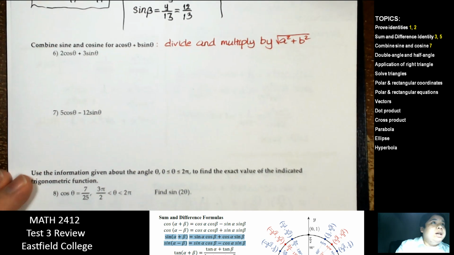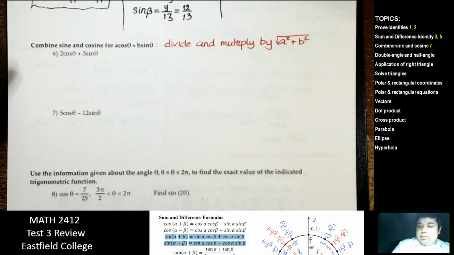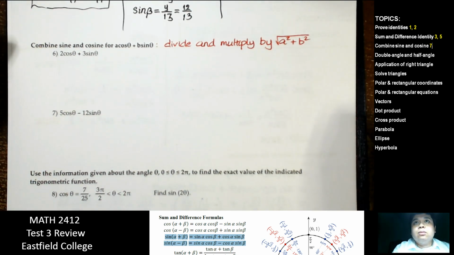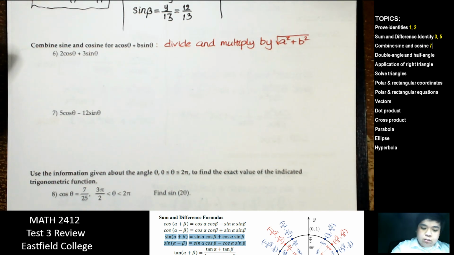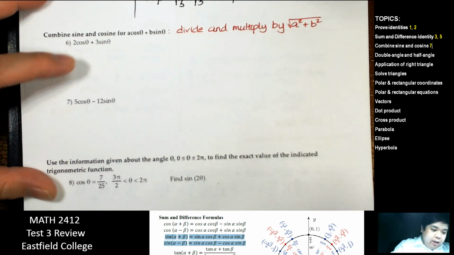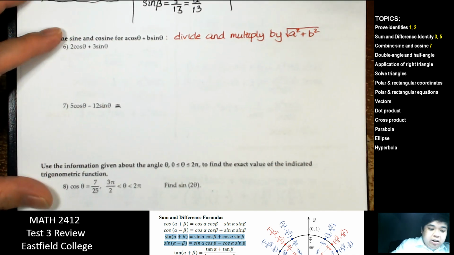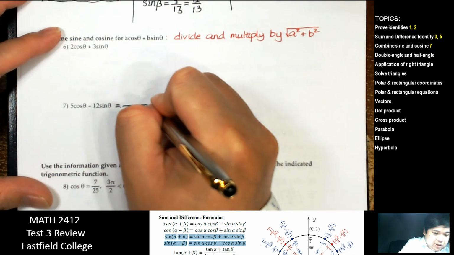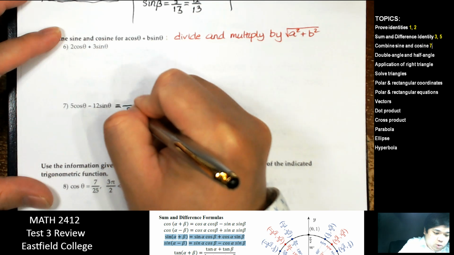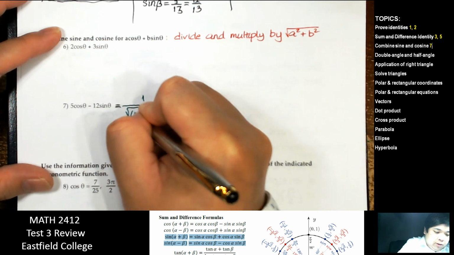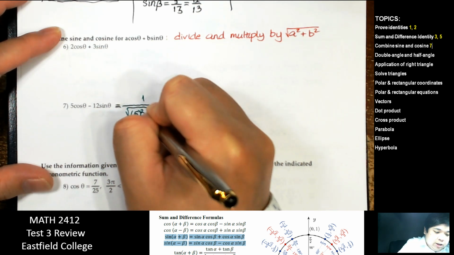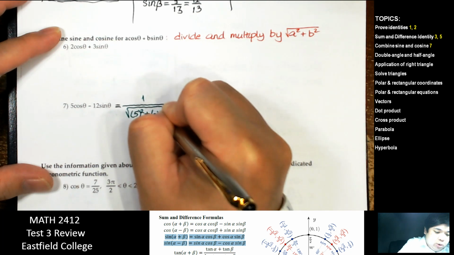So what we'll see here, from this, first we will divide square root of 5 squared plus negative 12 squared.